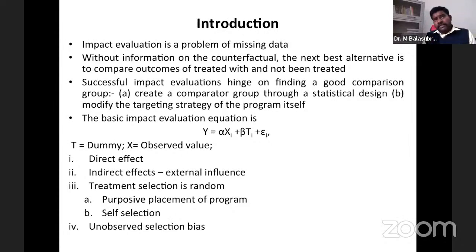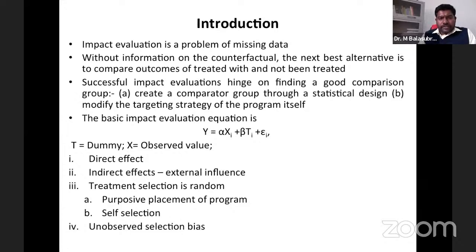There are two kinds of methods. One is to create a comparator group through statistical design, through sampling methods, if we can manage. If we cannot, then we have to alter our target group, the second strategy. We have to change the target strategy itself. That's a much bigger challenge.